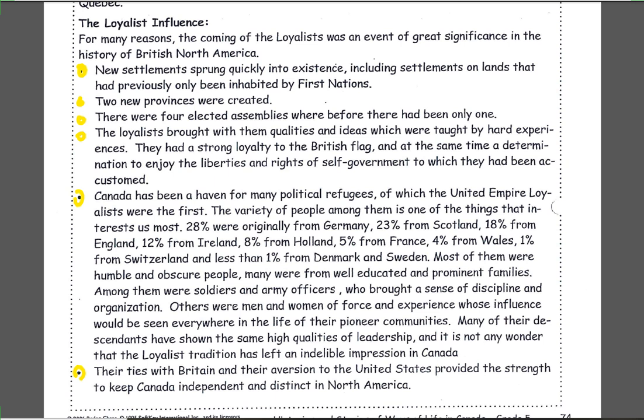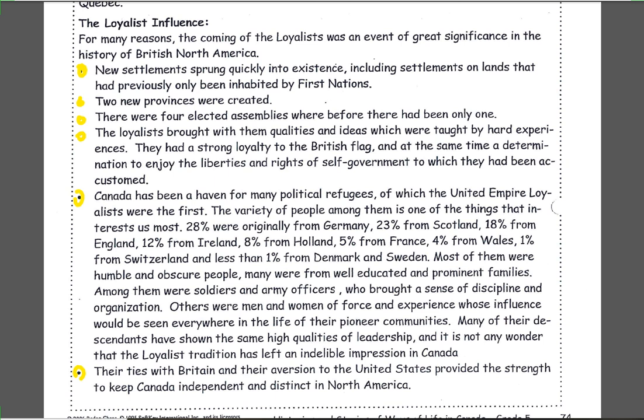We learned that Nova Scotia, New Brunswick, Upper Canada, Lower Canada, all of this was as a result of the Loyalist influence. There were 4 elected assemblies, where before there had only been 1. So all of these new provinces all got their own governments, their own elected assemblies.